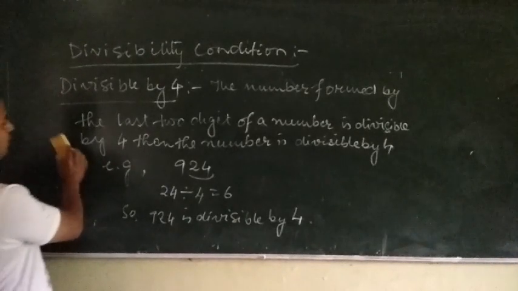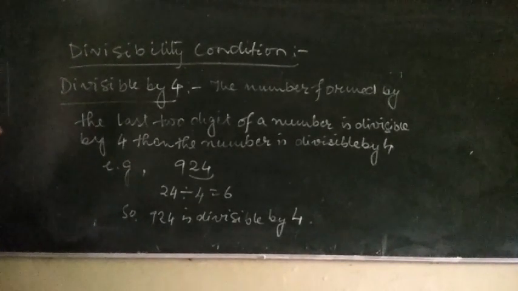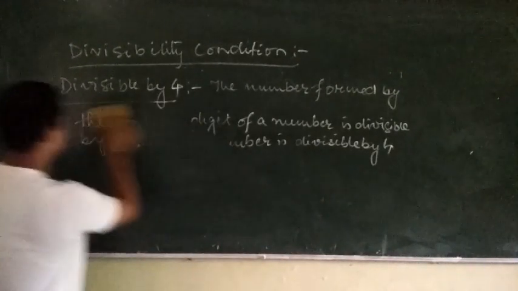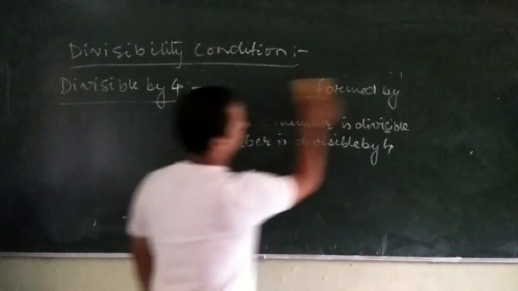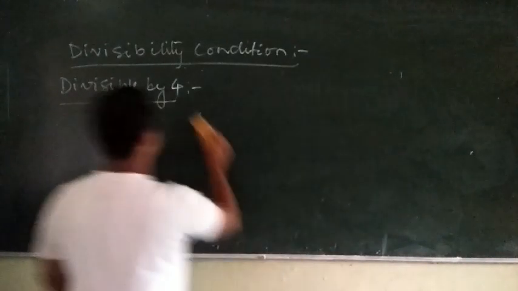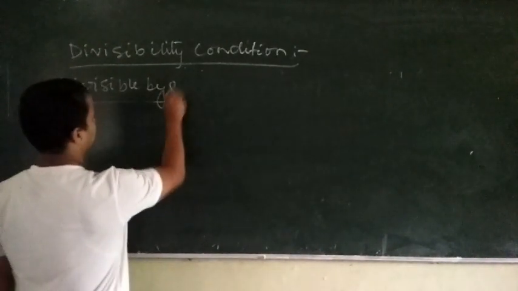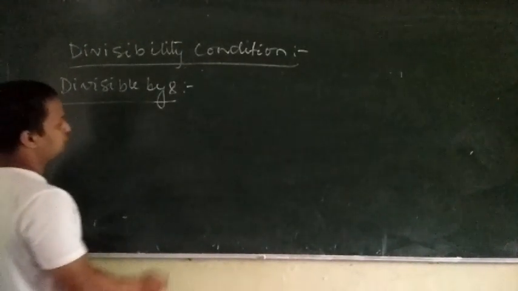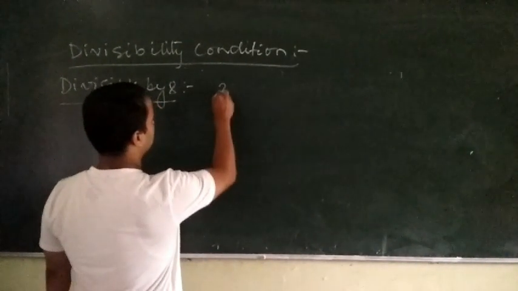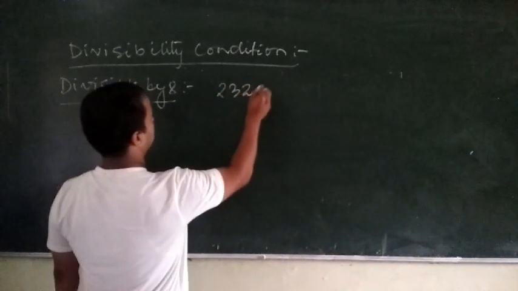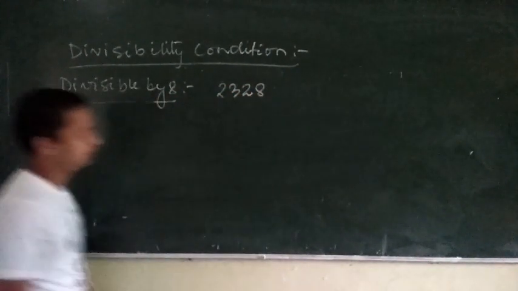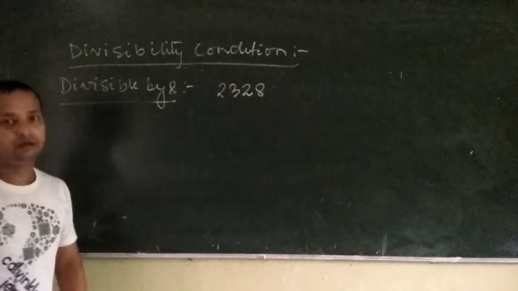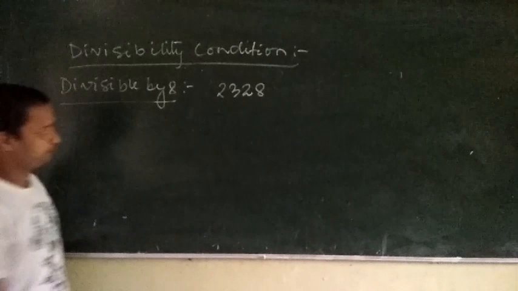Next, we have to discuss divisibility by 8. How is a number divisible by 8? Take 2328. You have to check whether this number is divisible by 8 or not.